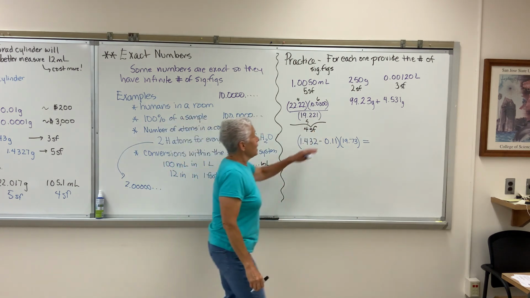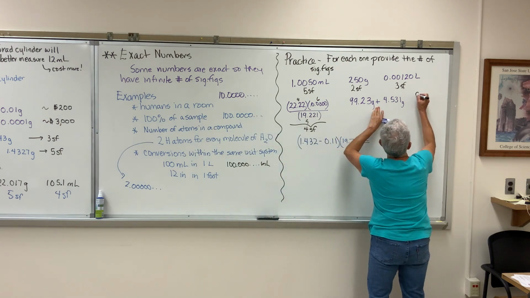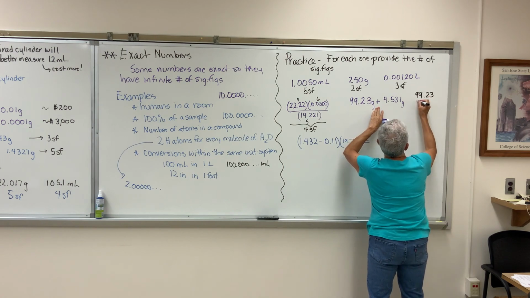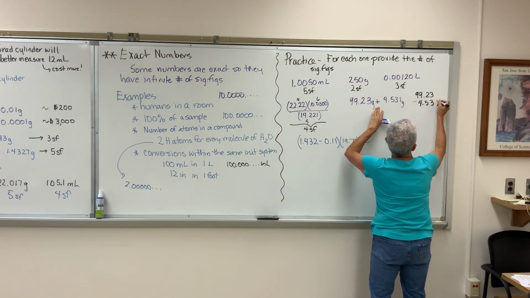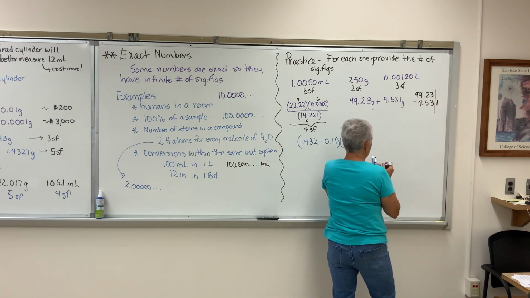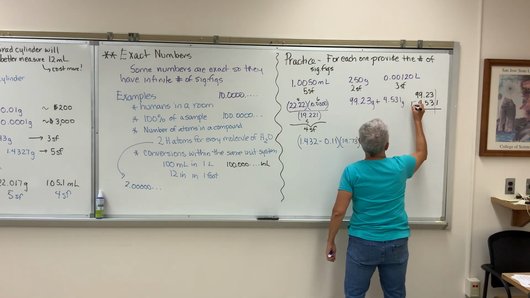This one is adding, so it's about decimal places. Rather than make a mistake, I set it up. 4.531. So I'm good to the thousandths. I do my math. It's an add.